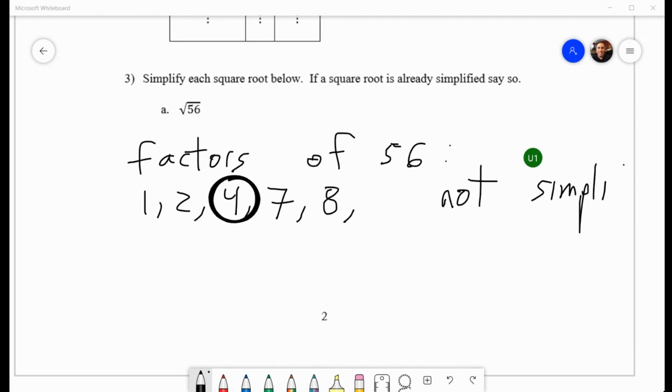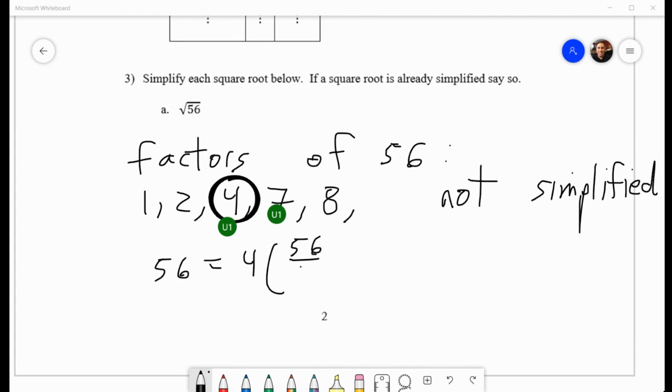Just do what we did before. It just fell off the page. That's okay. Since it's not simplified, we can simplify it. So we know 56 is 4 times 56 over 4.